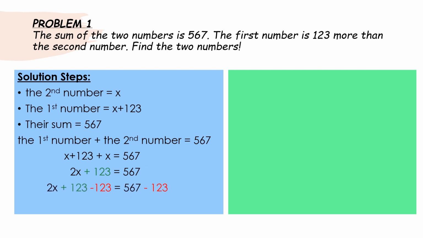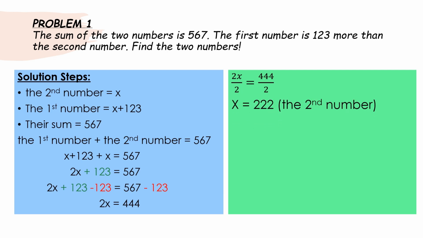As you can see here, positive 123 minus 123 equals 0. So the remaining is 2x equals 444. Then how are we going to cancel 2x to become x? We can divide both sides by 2.